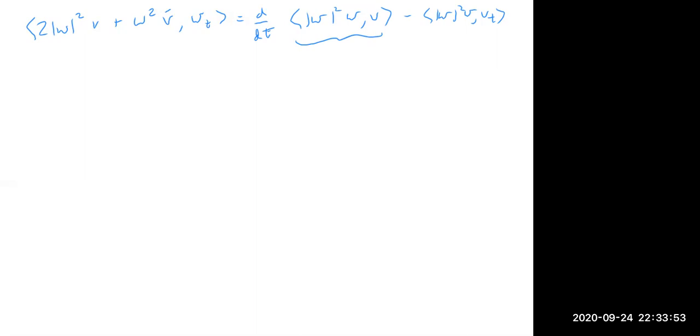So this term here is actually the bigger difficulty, but it's linear. V is linear, so we have W squared W i delta V. And this is bounded by, well, you just use your Holder's inequality.